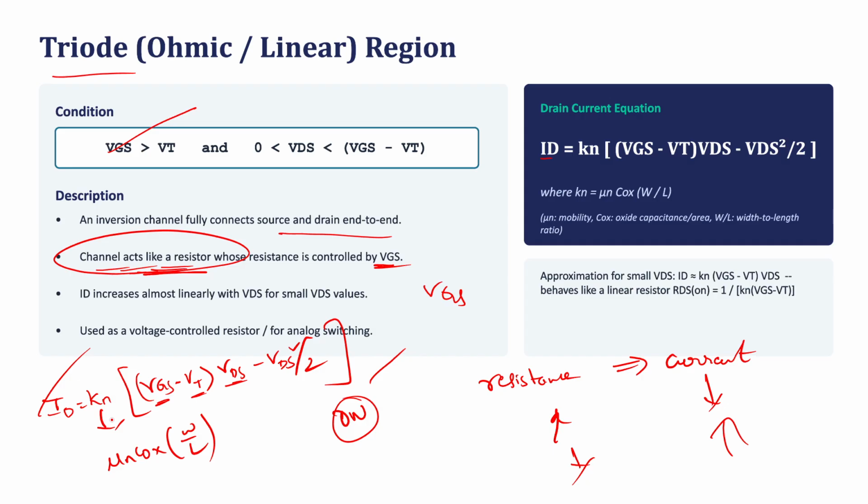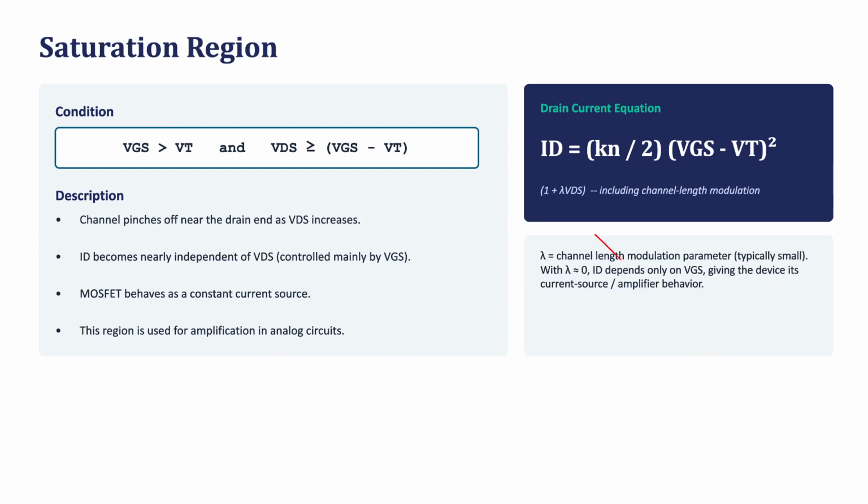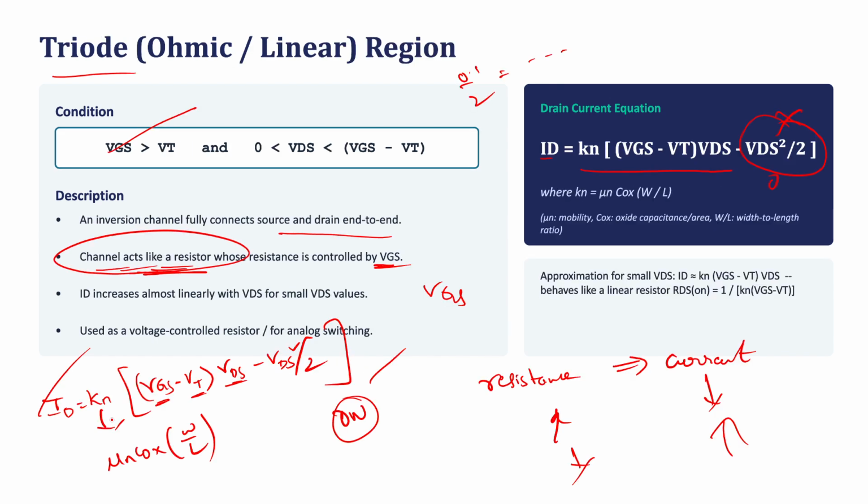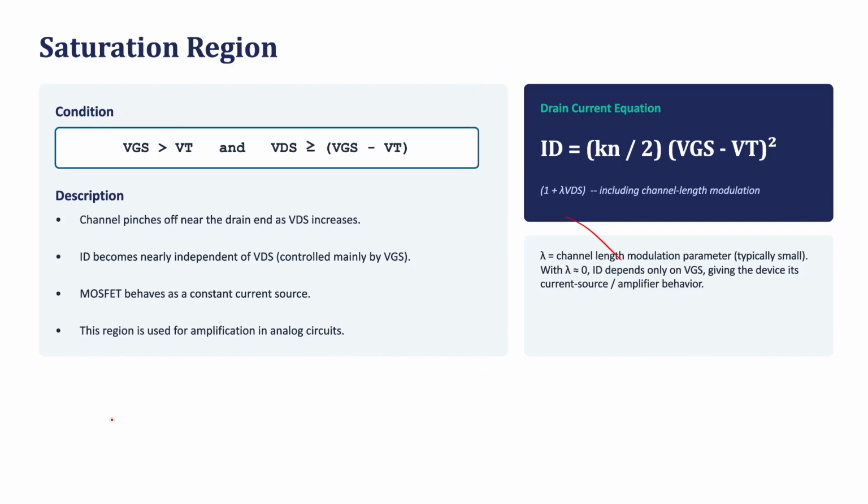For lower VDS we consider the second term as 0. A small number divided by 2 becomes even smaller, so we can neglect this term. For smaller VDS, we consider only the first term. So it acts like a resistor, and the resistor value is 1 by Kn (VGS minus VT).